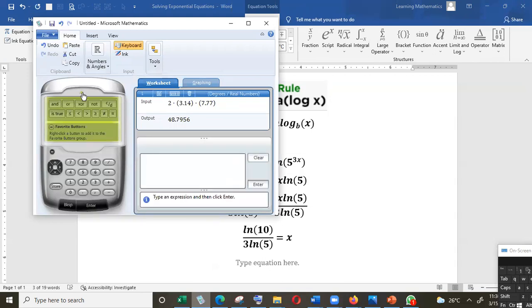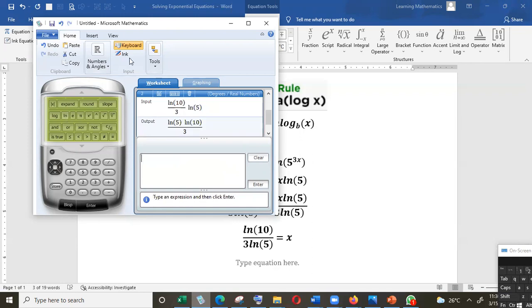Okay, so you check your scientific calculator and look for ln. So here it is, natural logarithm of 10 divided by 3 ln of 5, and that should give us our answer, .235.